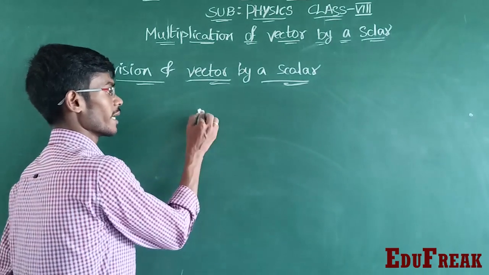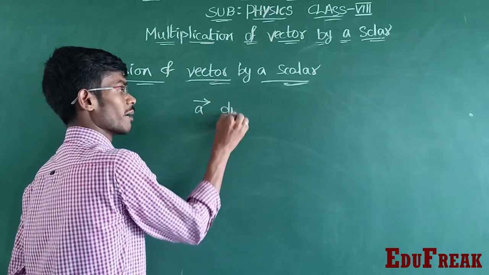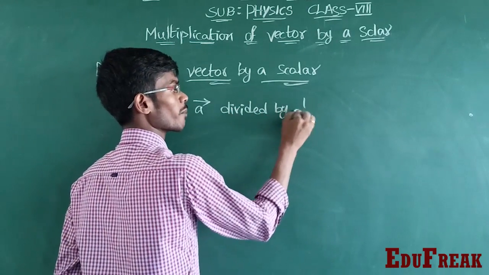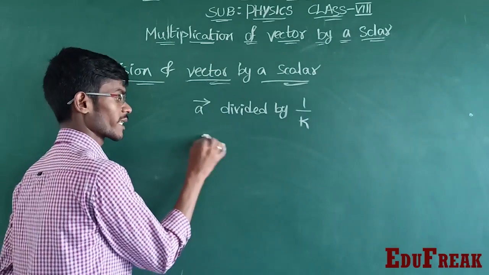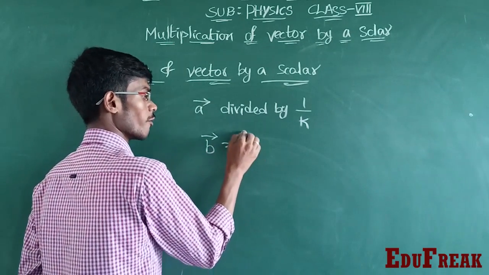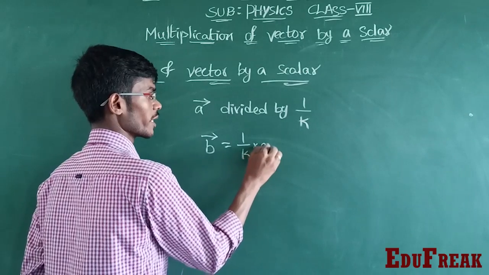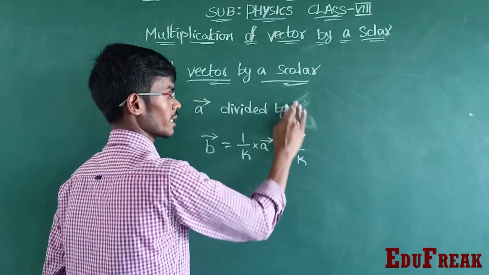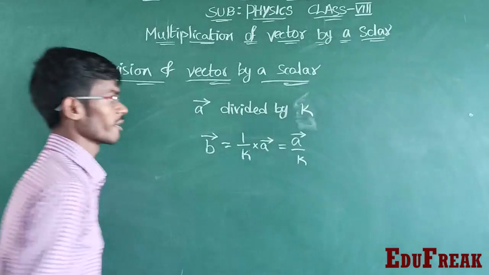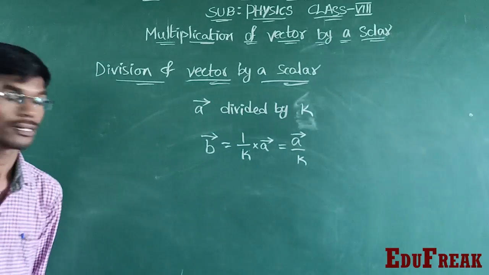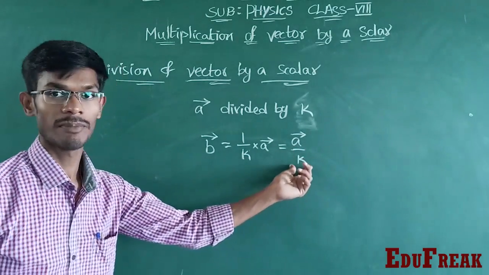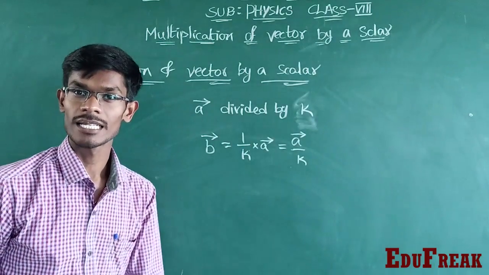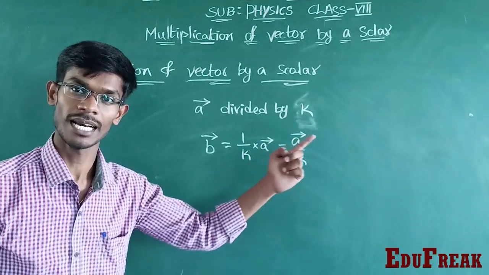If I consider a bar is a vector and a bar is multiplied by 1 by k, then the new vector b bar is equal to 1 by k into a bar, that is equal to a bar by k. So if you are dividing a bar by k, then a bar by k will be the resultant vector. Is it a scalar or vector? Again we are getting the vector itself.